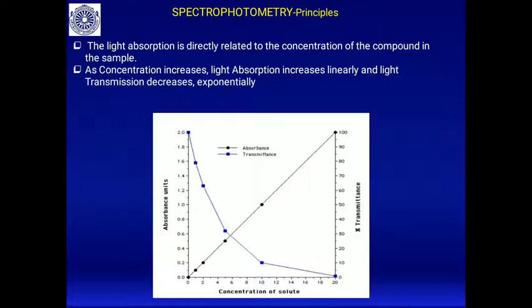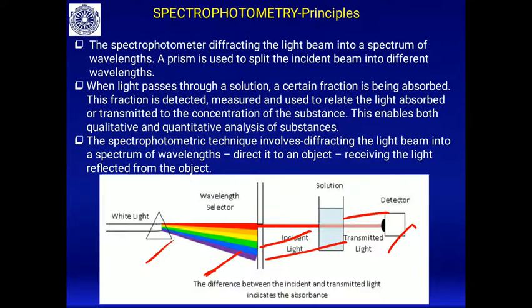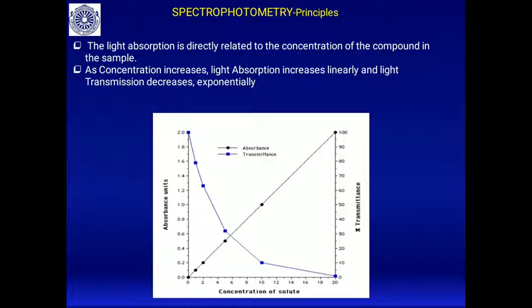The light absorbance is directly related to the concentration of the compounds in the sample. The amount of light absorbed depends on the concentration of the solution. As the concentration increases, light absorption increases linearly, so you will find a linear graph.